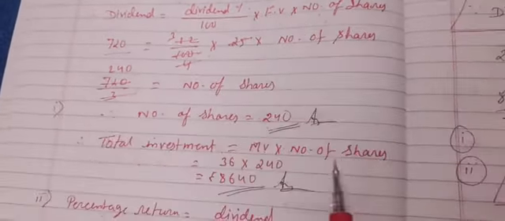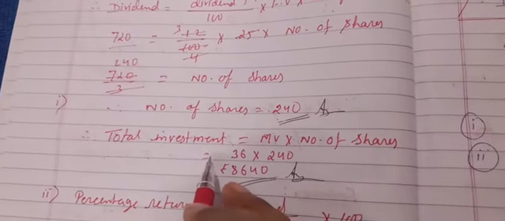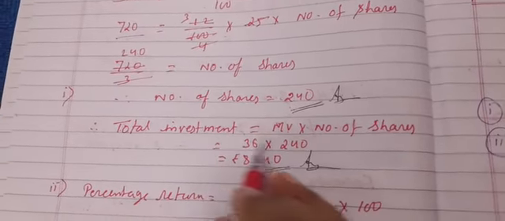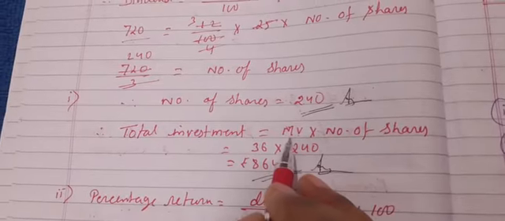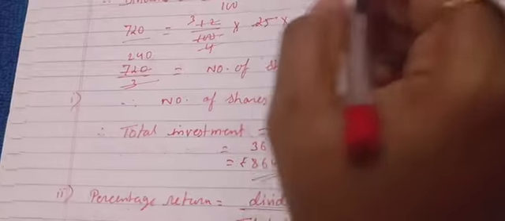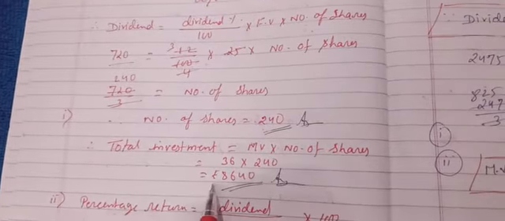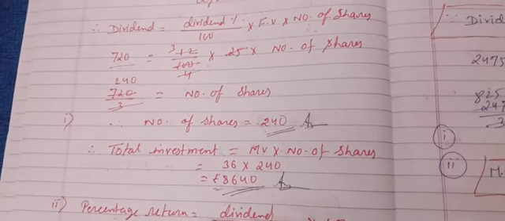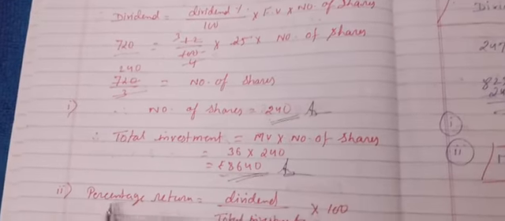This is your first answer. Total investment is what? We know the formula. Total investment is equal to market value of one share into number of shares. So market value of one share is 36 into 240, so total investment is 8,640 rupees. Now we have to find out the percentage return.